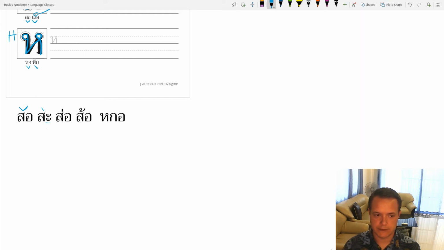So this is the short a consonant, sa, low. Then with the mai ek, this little line, it's going to be a low tone, saw. When a high class consonant like this saw, sua has a mai toe, then it is going to be a falling tone. Saw.